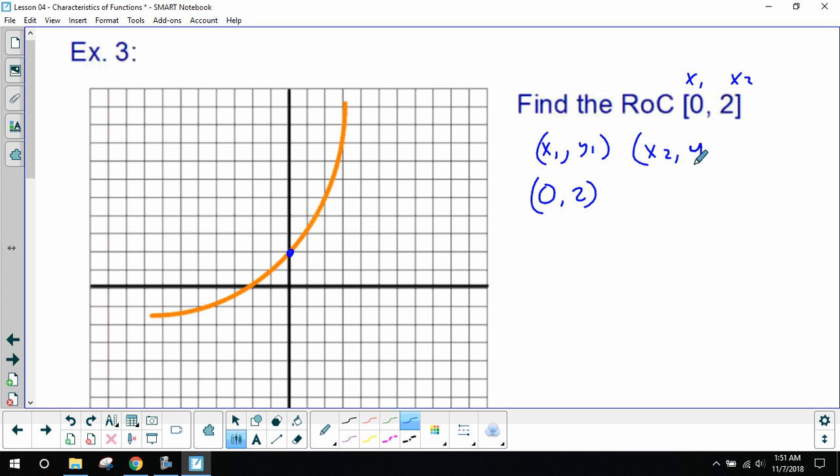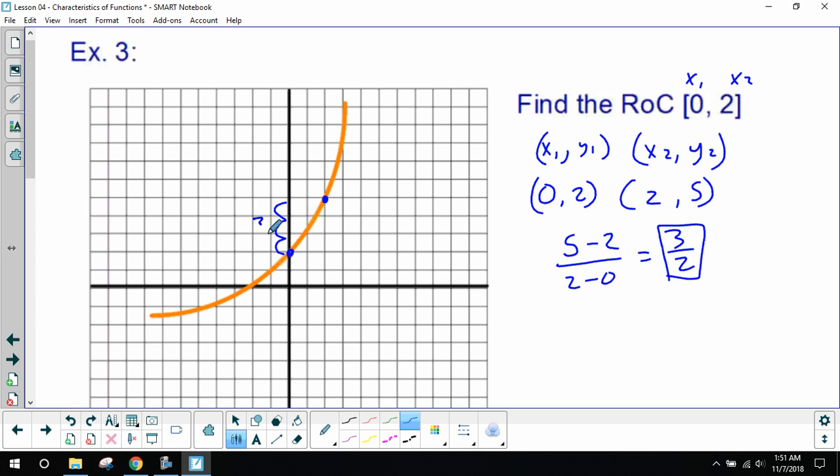It's 5. Use your slope formula. I get 3 over 2. Guys, I want you to notice something. 1, 2, 3. 1, 2. Rise over run. You can count it out. Either count rise over run on the graph or use the slope formula.